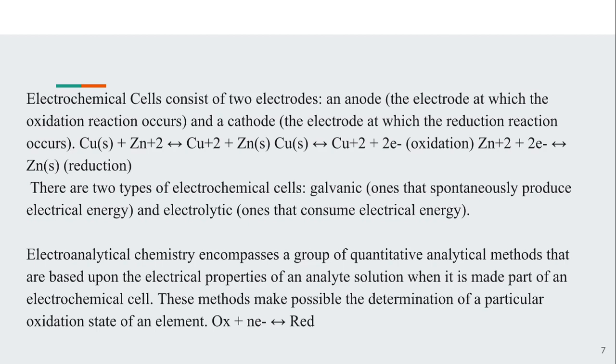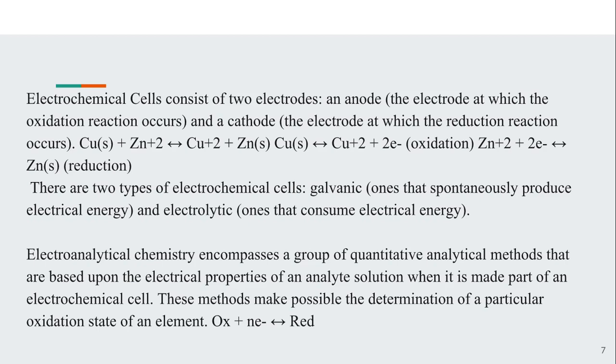Also, electrochemical cells, we know, consist of two electrodes, the anode and the cathode. The anode is the electrode where the oxidation reaction occurs, and the cathode where the reduction reaction occurs.